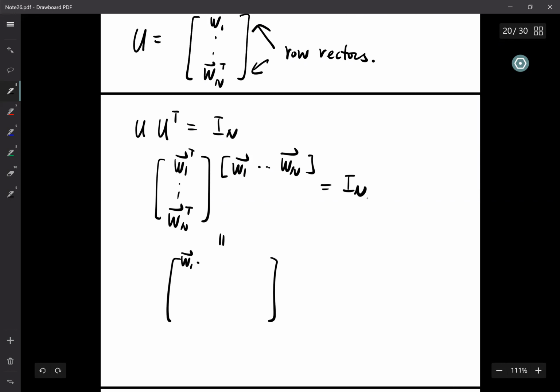This is W1 dot W1, W1 dot Wn, Wn dot W1, Wn dot Wn, equal to identity. So it says the row vectors are also orthonormal.